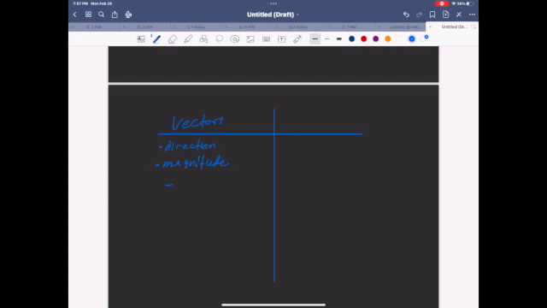Some examples include displacement, velocity, acceleration, and force.